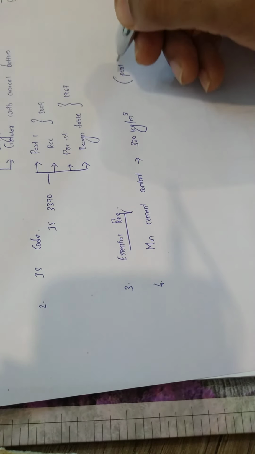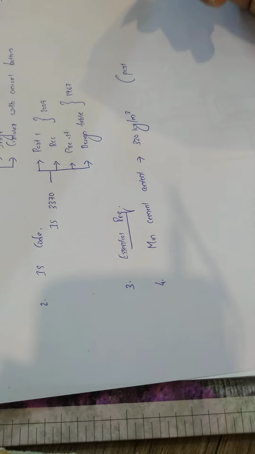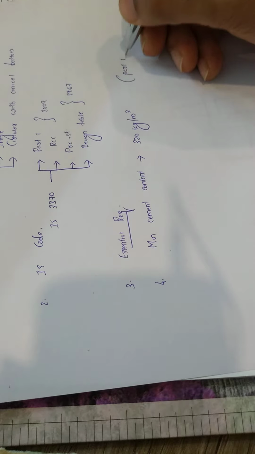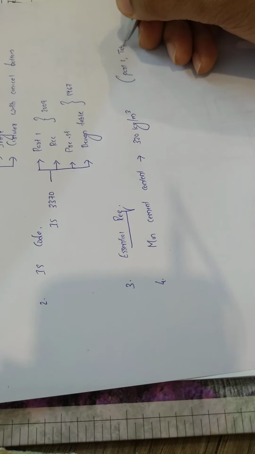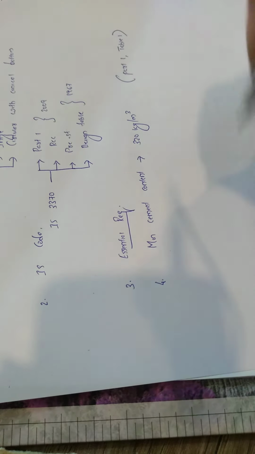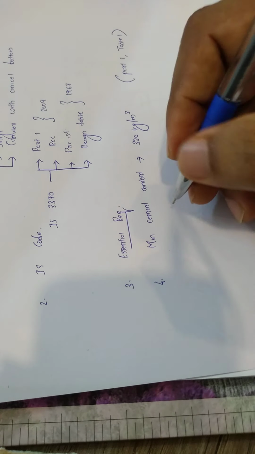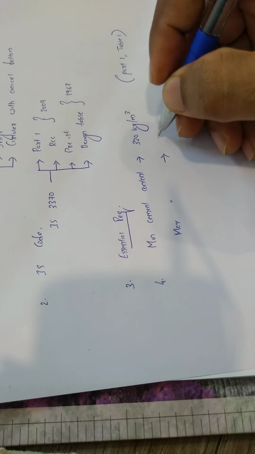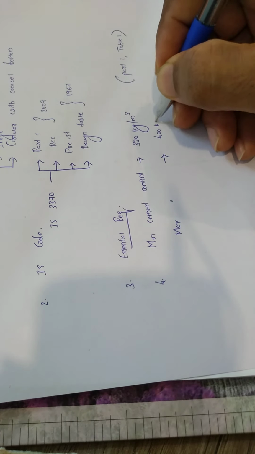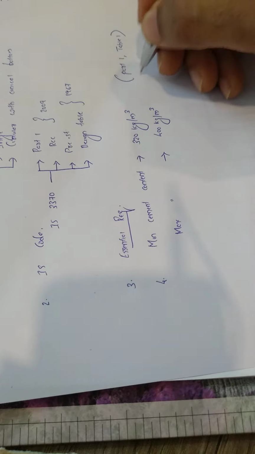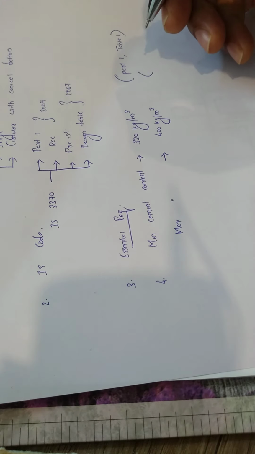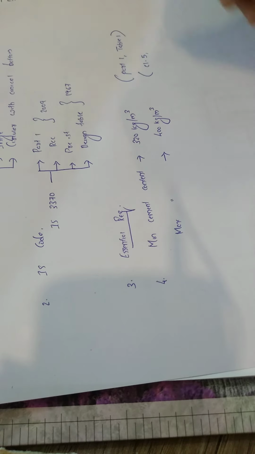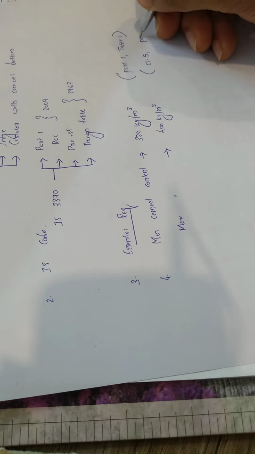From now onwards I am not writing IS 3370 because this entire thing is based on 3370. This is given in table 1. And the maximum cement content is given as 400 kilogram per meter cube in order to prevent the effects of shrinkage. This is given in clause 5 of 3370 part 1.